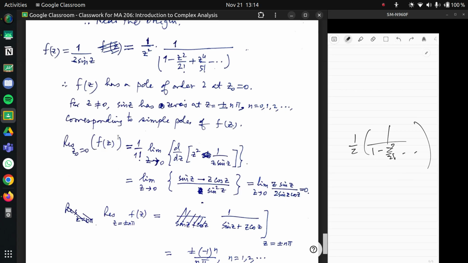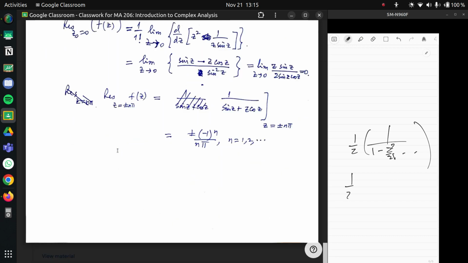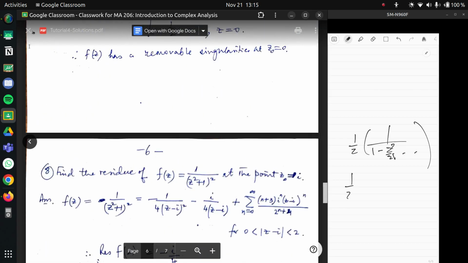So your residue is pretty much just taking the derivative of this stuff. You don't even take the derivative, just set z equal to 0. So it's just 1 by z, pretty much. So the residue will be 1 for 1 upon sine z. But then you have that n pi thing over there. So it's like 1 by n pi upon n pi. Yes, makes sense. So that's actually correct. Yes, this is correct. I get it.